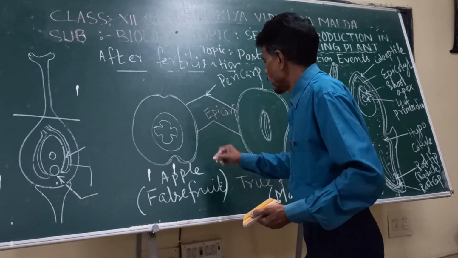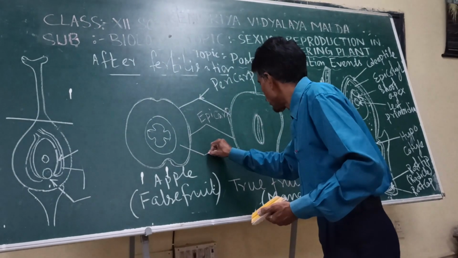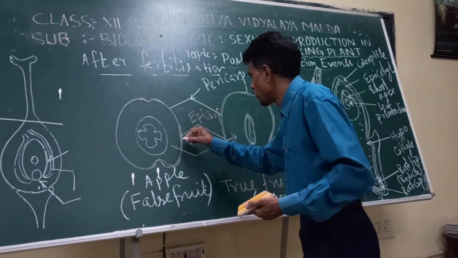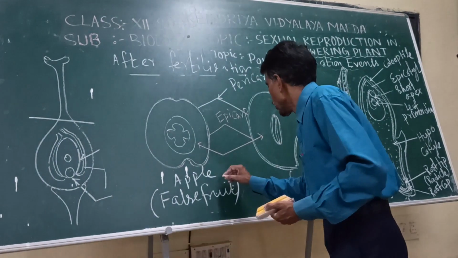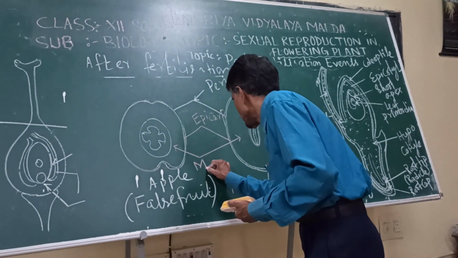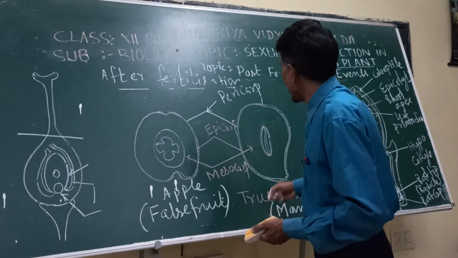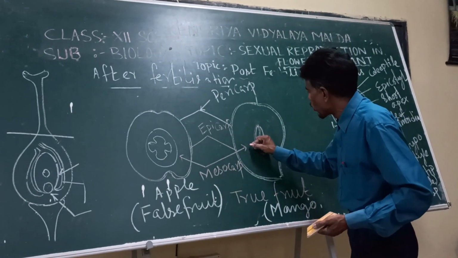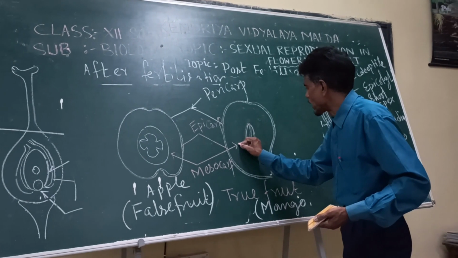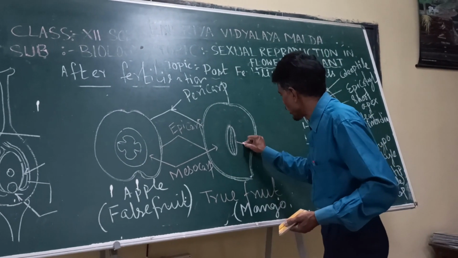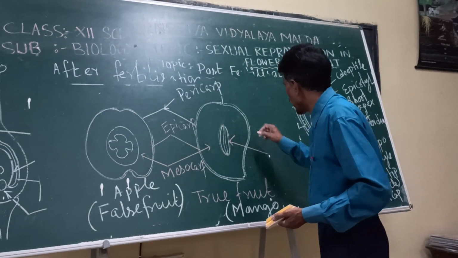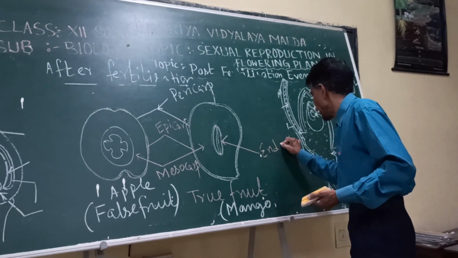This juicy part or eatable one is called mesocarp. And the seed covering coat outside the seed, this one, it is the endocarp.